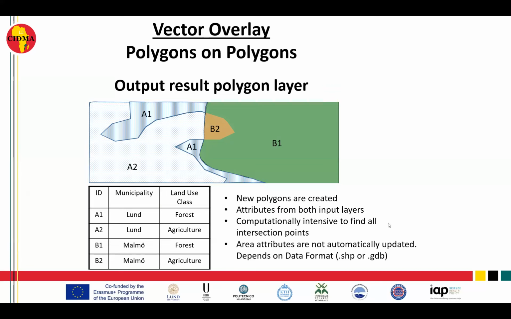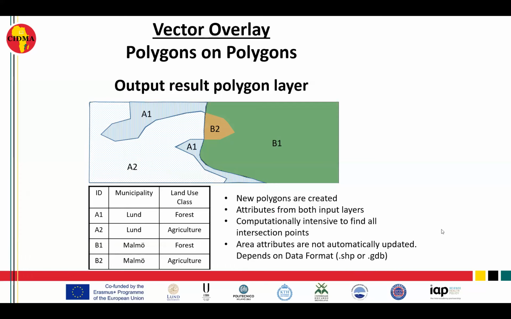It's computationally very intense to find all the intersection points. As you now understand, it will have to compare the equations of the imaginary line between two coordinate pairs. And area attributes may not be automatically updated, depending on data format.